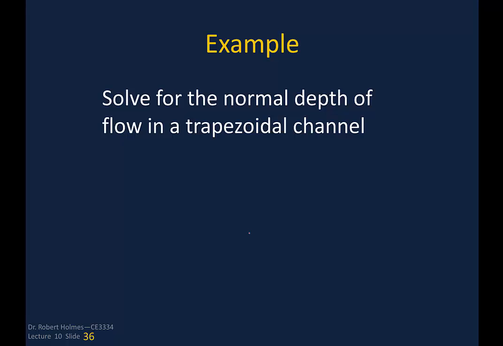If we look at an example, this is going to be an example of calculating the normal depth for a trapezoidal channel. We're going to be given a value of Q, we're going to be given a value of the roughness, and we're going to know something about the bed slope.